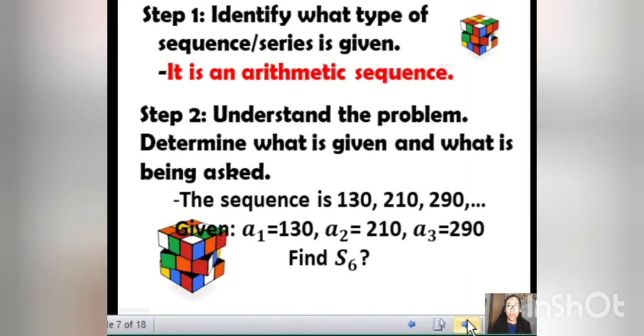For the given, we have your a sub 1, or your first term, is equal to 130, a sub 2 is equal to 210, and a sub 3 is equal to 290. Now, what is being asked? We will find the sum of the first 6 terms.